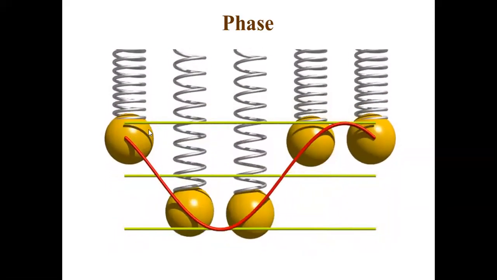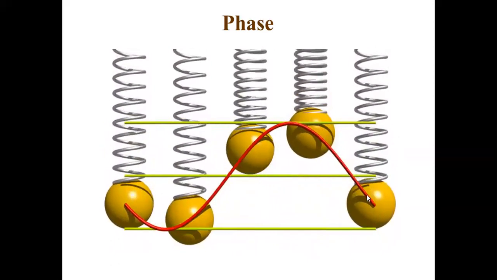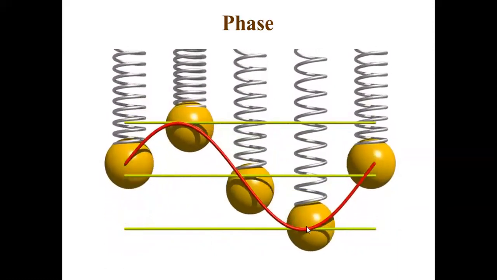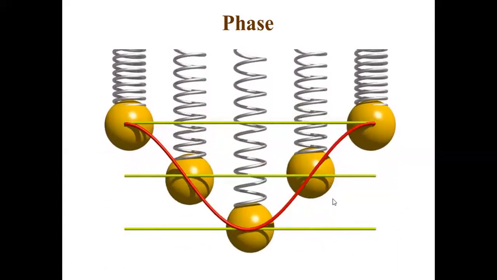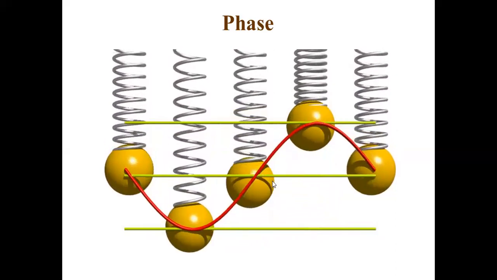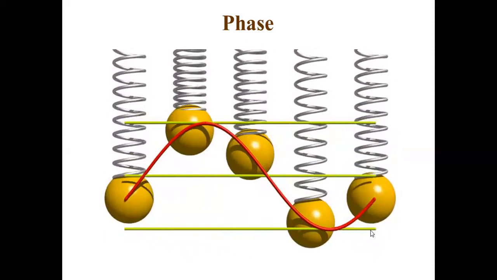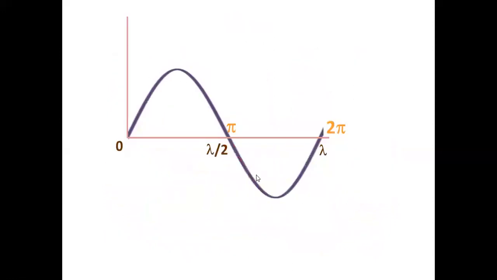You know that this is complete lambda, right? When you have two particles vibrating in phase, nearest to each other, we call that distance lambda.